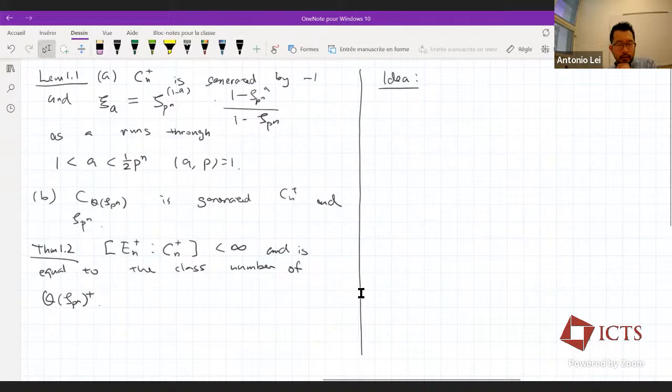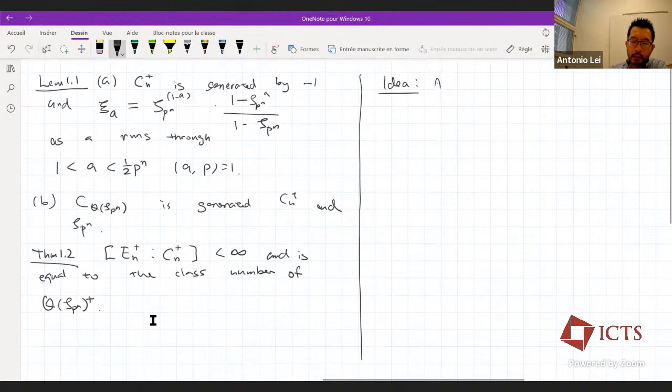The point of this theorem is that the cyclotomic units defined like this give you some kind of arithmetic information about my field, namely the class number of this extension.